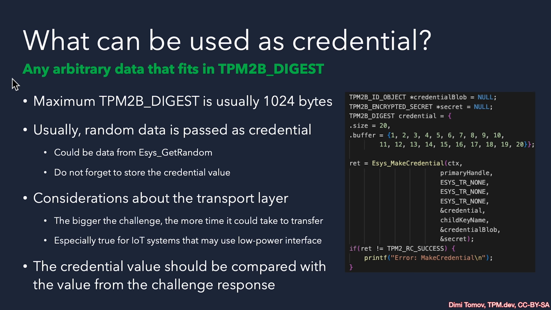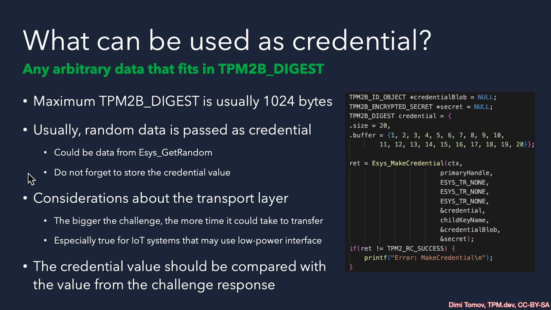What can be used as credential is limited by the TPM2B digest format, and usually this is 1024 bytes. But of course, the recommendation is to use just random data and maybe even get it from the TPM itself using the Esys_GetRandom API that will invoke the TPM2_GetRandom command.